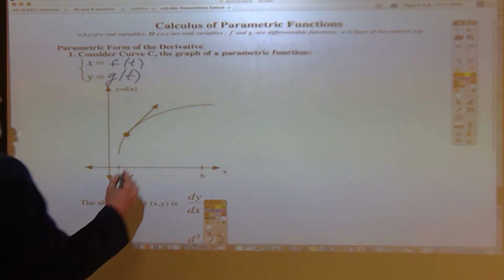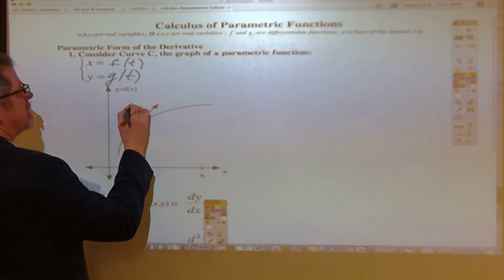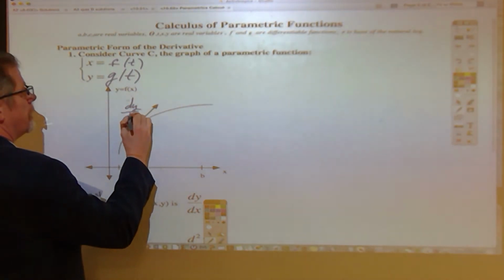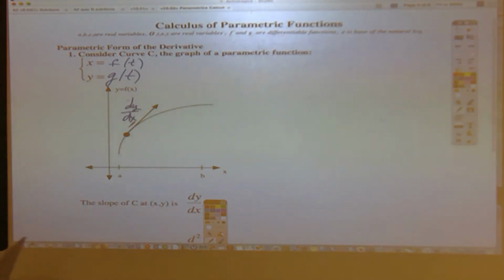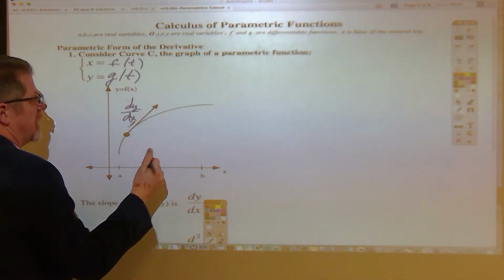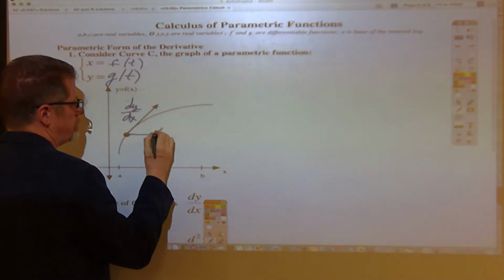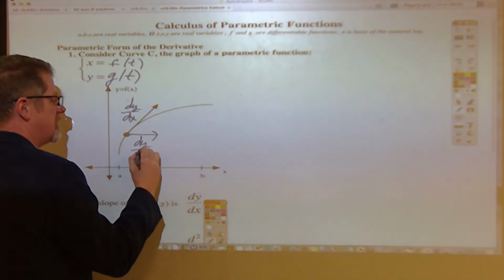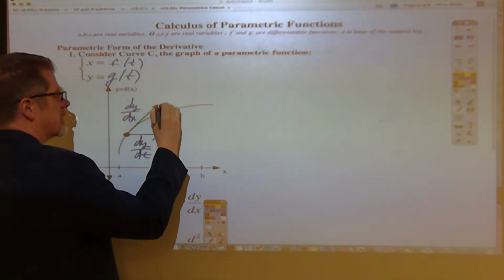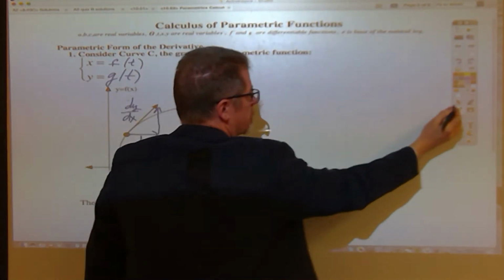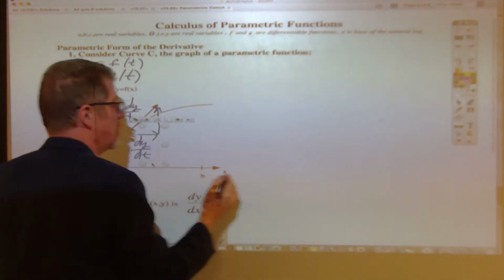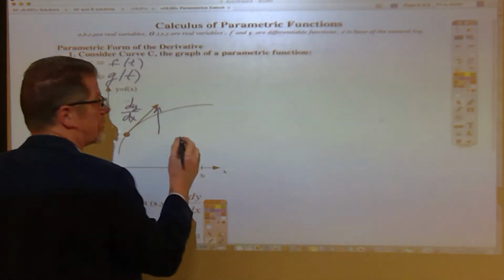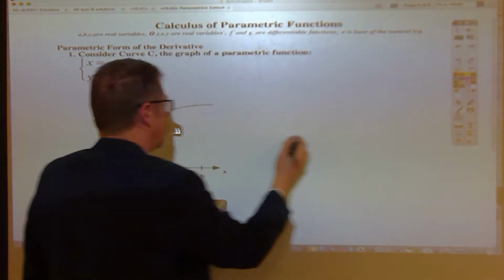Now, I would like you to write dy/dx as the magnitude of what amounts to a velocity vector. We can break it up into the vertical component dy/dt, and the horizontal component, which is dx/dt, the derivative of the x parametric equation.